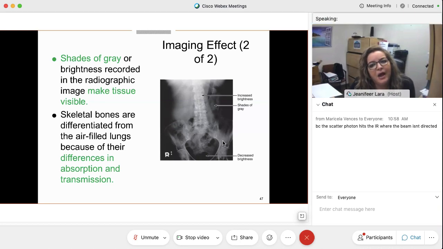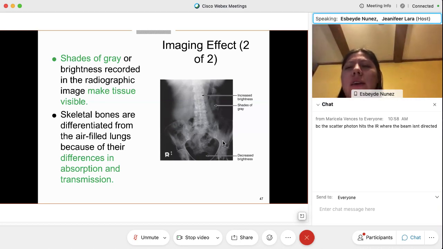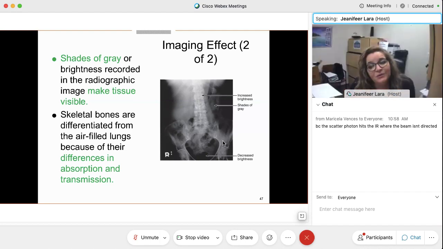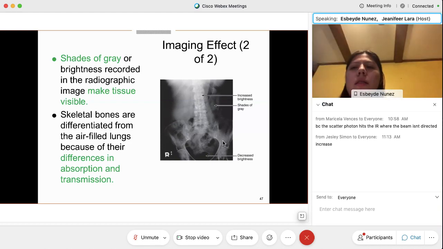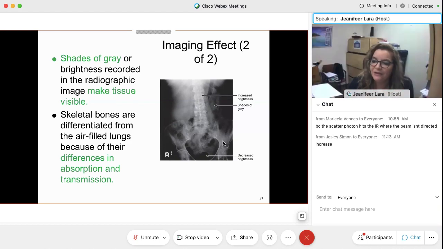Would it be that if we decrease the kVp? Is it decrease or increase? You're on the right track. If I have less photoelectric absorption, then I did what to my kVp? You increase it. Bingo.